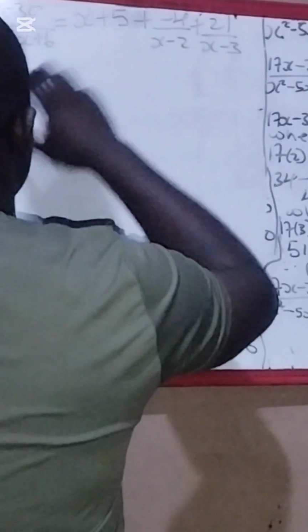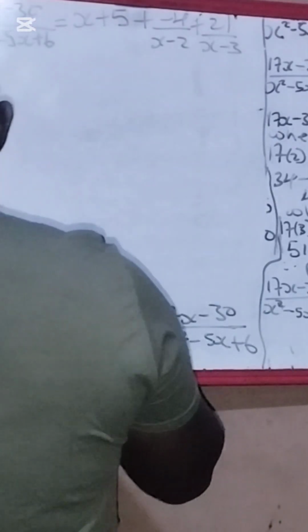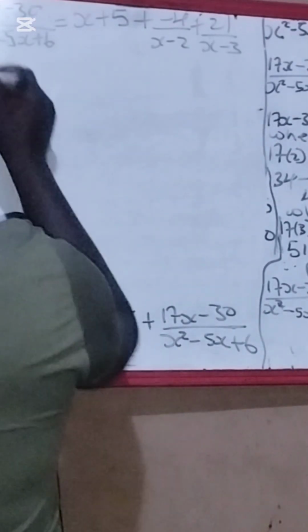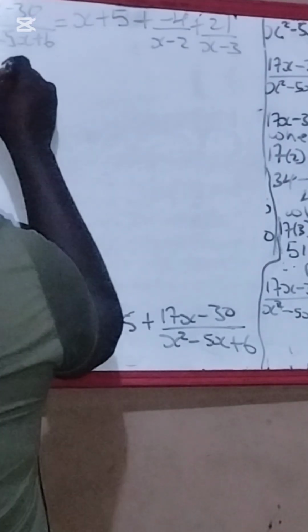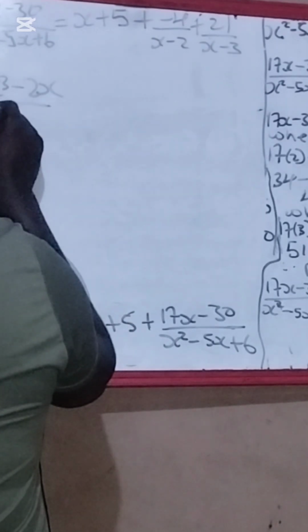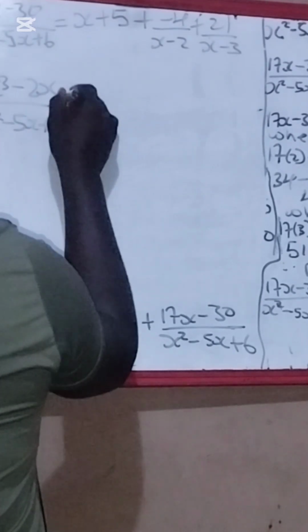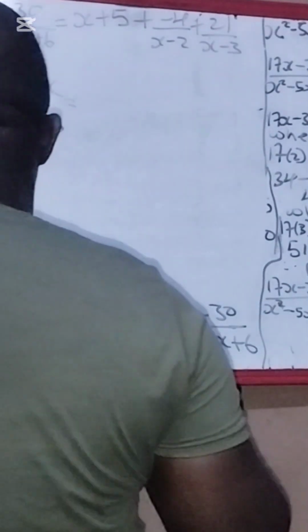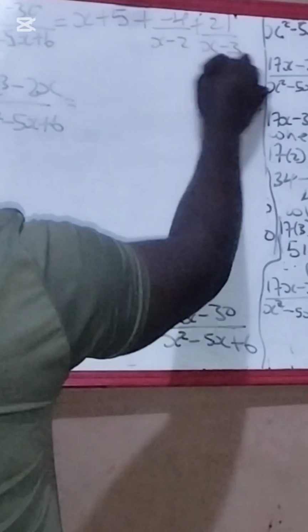We are now going to integrate this. Going back to our original question, the integral of x cubed minus 2x all over x squared minus 5x plus 6. We're not going to integrate this part because it now gives us this.